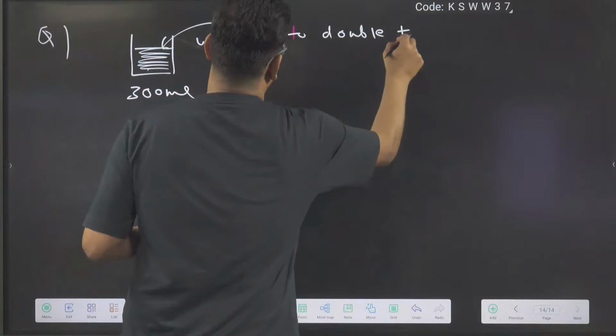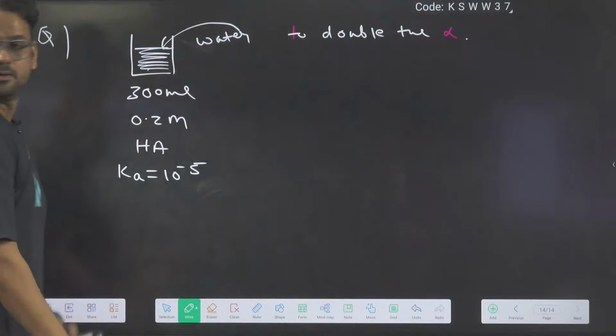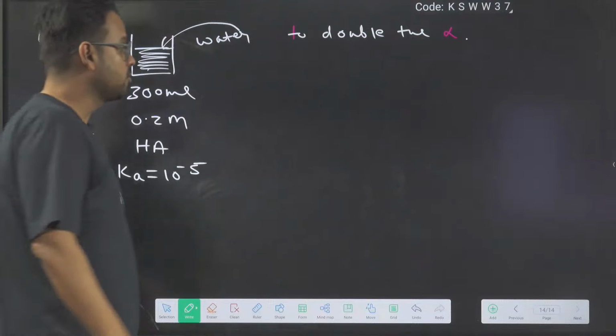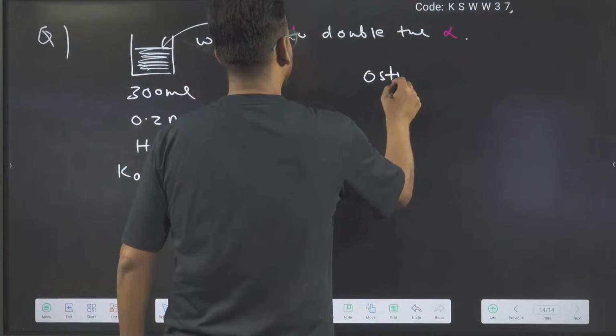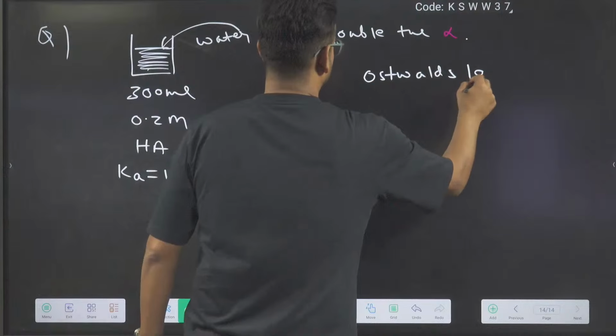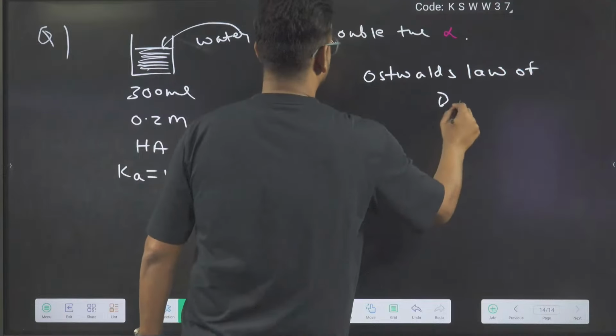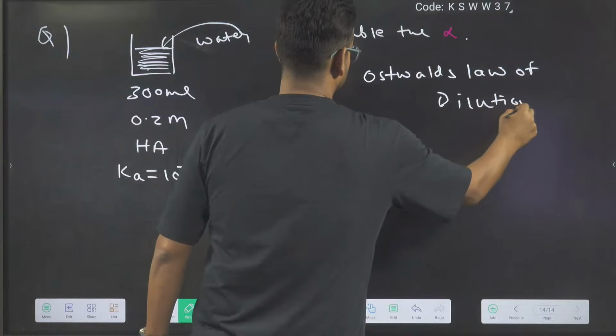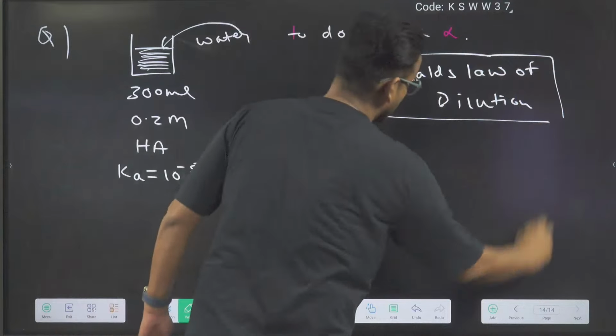to double the alpha. You know about Ostwald's law of dilution. What does Ostwald's law of dilution state?